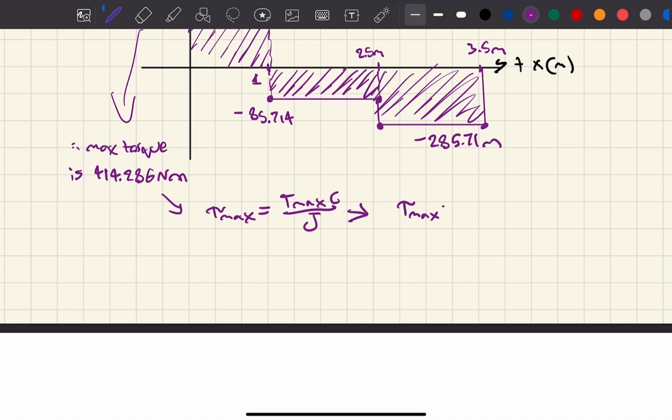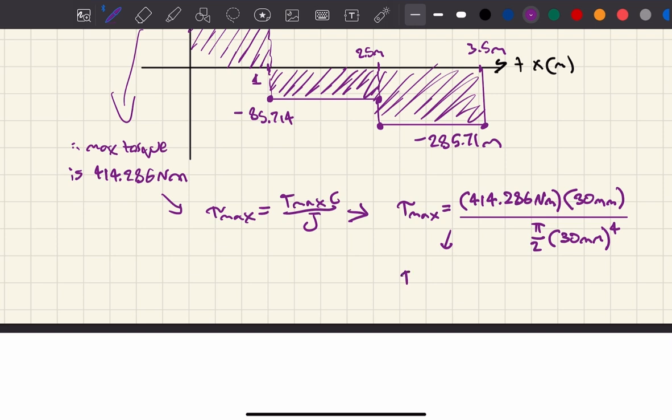Tau max is equal to 414.286 Newton meters multiplied by c, which I think is 30, our radius, over pi over 2 times the radius, 30 millimeters, to the fourth.